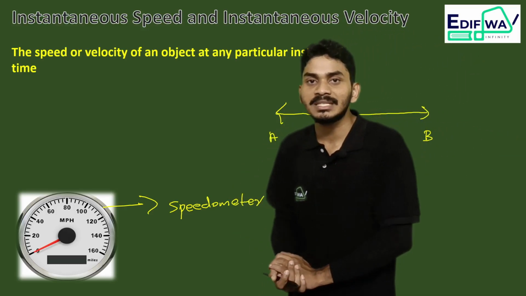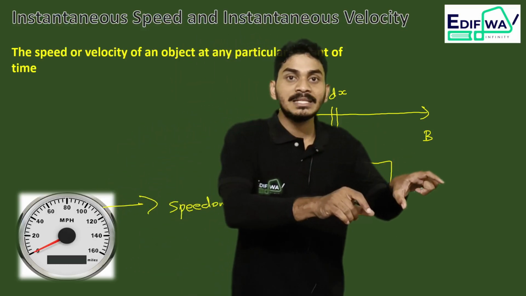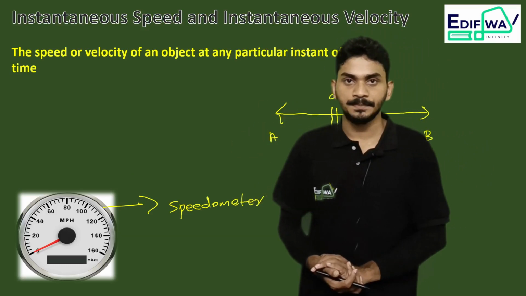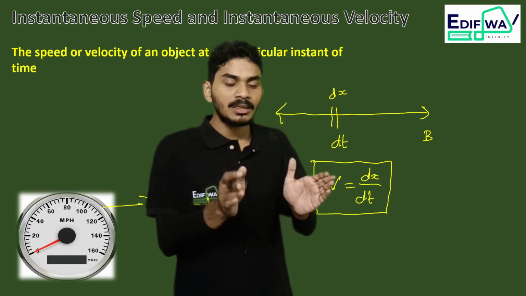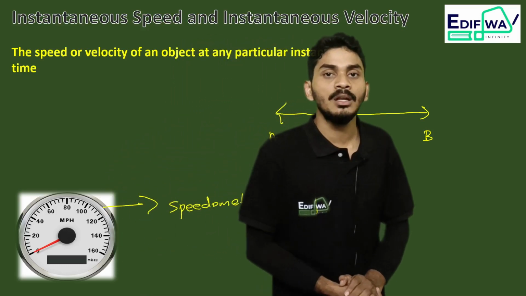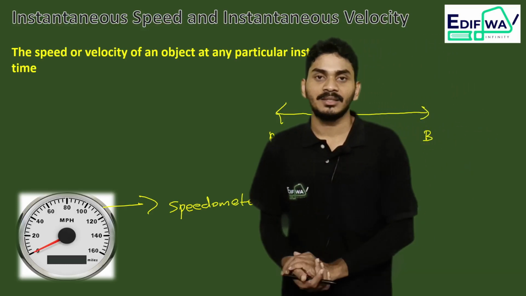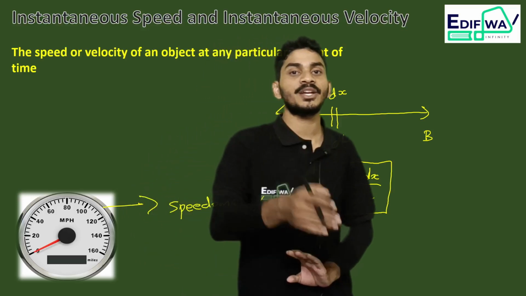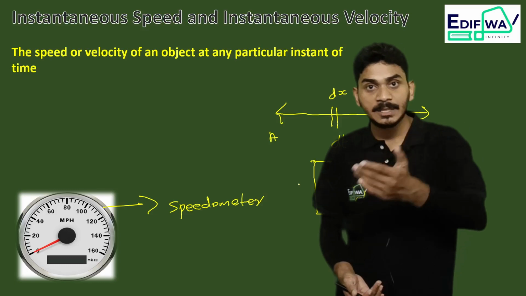Average velocity is a vector quantity, you need a direction, right? And average speed is actually the magnitude part of the average velocity. Clear? That is, we do not consider the direction to tell the speed. When you look at the speedometer of your vehicle, you are getting a value at that instant. That is the speed of your vehicle. It does not tell you your direction. So the speedometer of the vehicle is giving you the average speed.